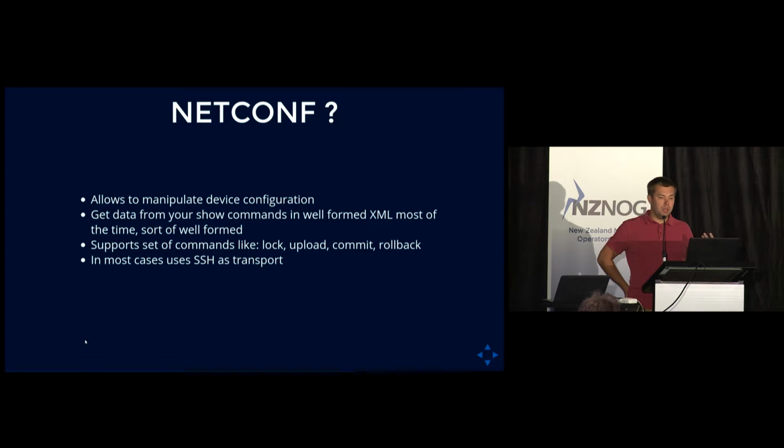It will return the information you get with the show command, but in well-formed XML. So you can use libraries in your Python scripts or your favorite language to get the structured data straight away. That's called marshalling and unmarshalling. So you can use those libraries to get the information, and you don't need to parse anything like you would normally with the CLI.